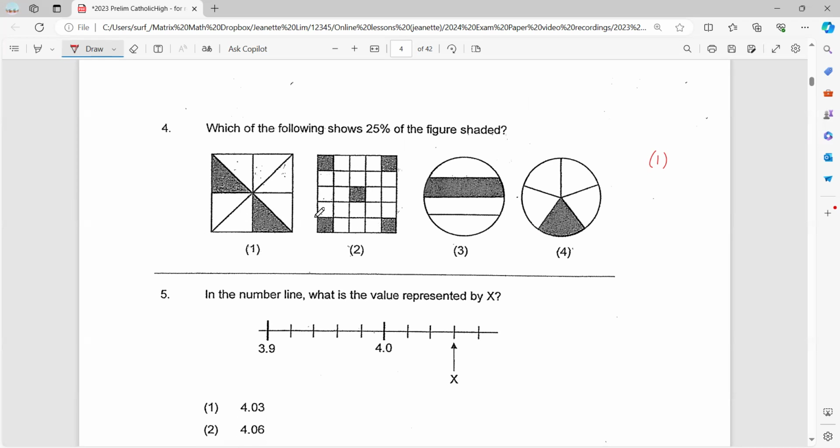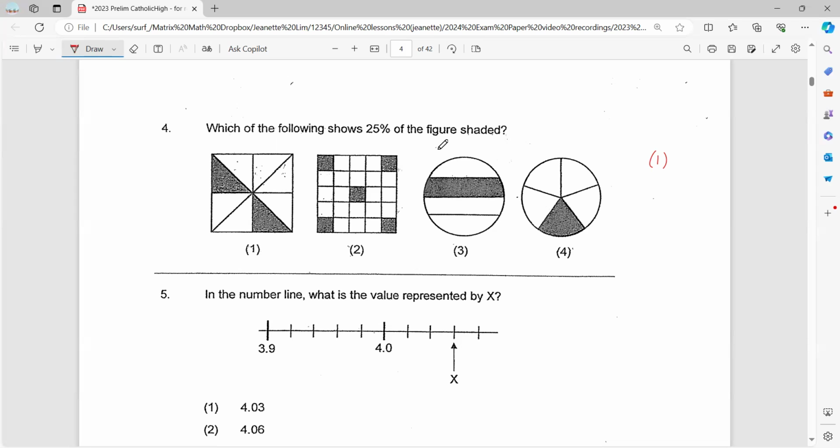Not option 2, because if you were to combine all in 1 line, it will take up 1 line out of 5. So that's 1/5. So no. This one definitely not, because they're not cut into equal parts. Then this is 1 out of 5 as well. So 25% is 1/4, option 1.